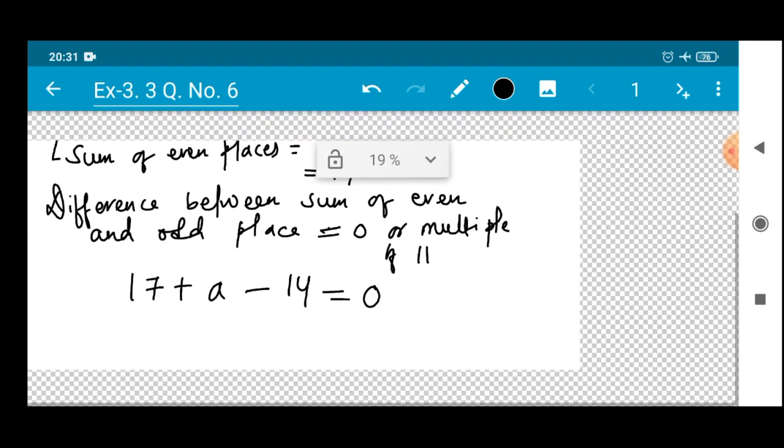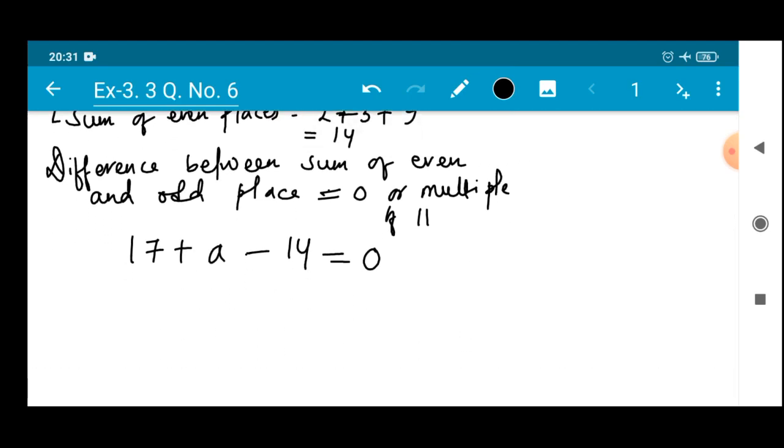By putting 0, if we get the value, well and good, right? I hope you have understood this. Now I have already told you 17 plus a cannot be added, so only the numbers can be added or subtracted. 17 minus 14 is 3.